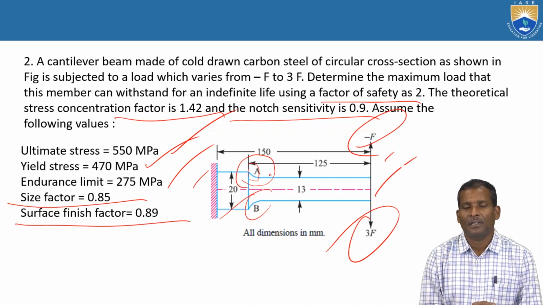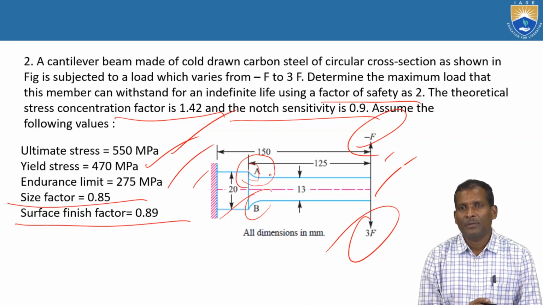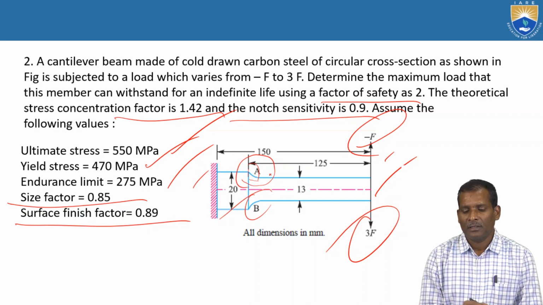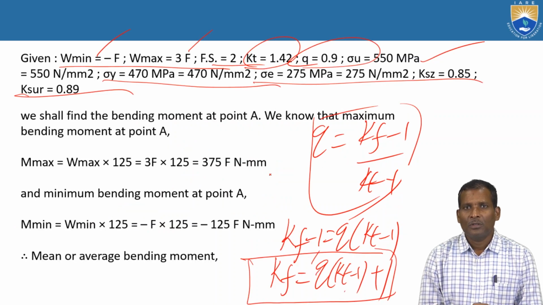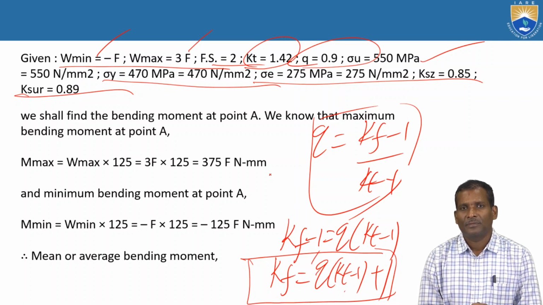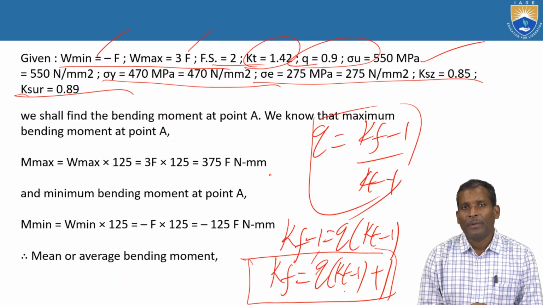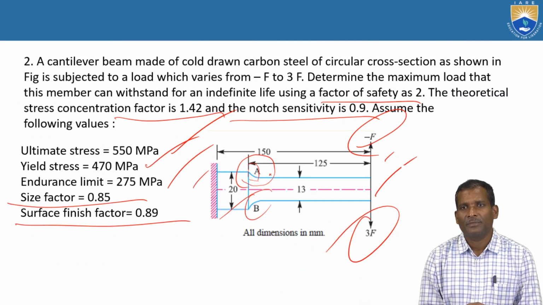As per the stress concentration definition, wherever the cross section varies, there more stress concentration will occur due to the sudden changes and any types of irregularity. So we need to calculate the bending moment. The maximum bending moment will occur at point A. So find out the maximum bending moment at point A, load multiplied with distance.